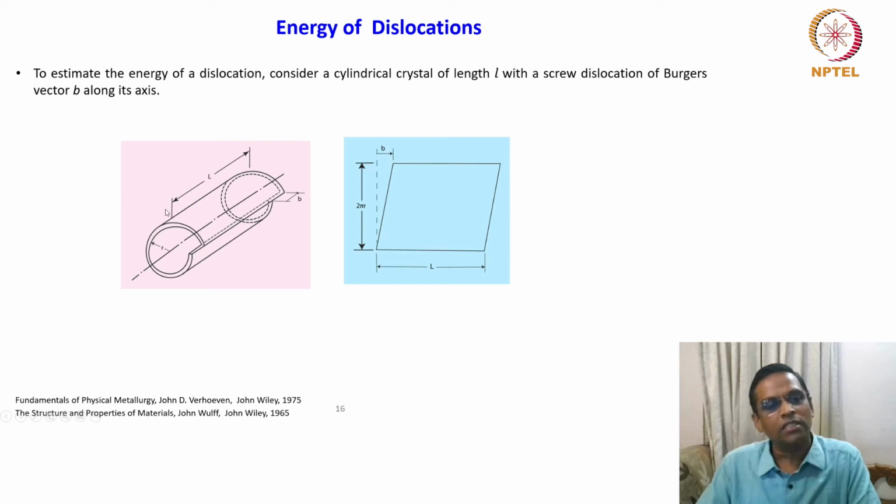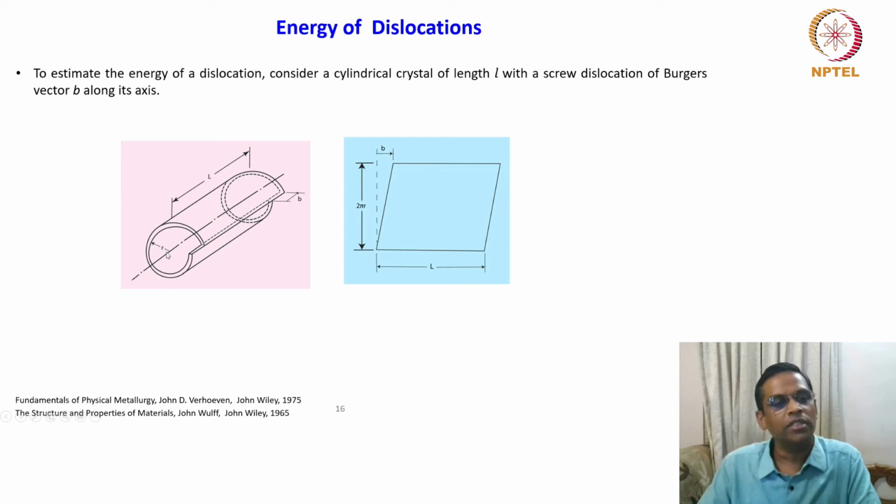So we are going to consider this kind of a geometry. This is a cylindrical crystal, and this is the screw dislocation as I just demonstrated in the previous slide. The Burgers vector is B here.